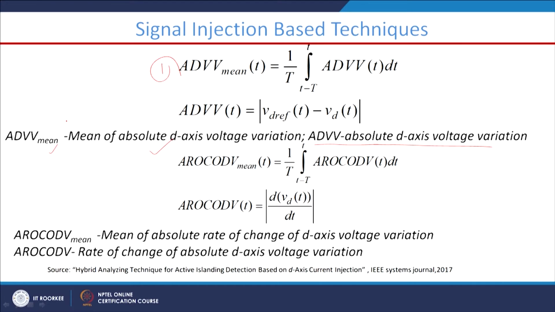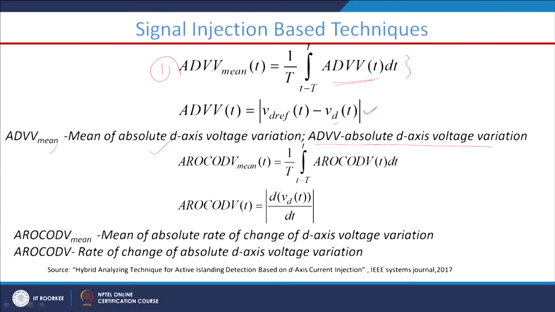Here you could see that within a single period, 1 upon T, from t minus T to t, we have calculated the mean of this particular voltage. What is that voltage? This is the difference of these two voltages, Vd reference and the Vd actual value. If you take the difference between these two and then take the mean of this voltage, you will get this ADVV mean. This is one index which will be used to detect the islanding situation.